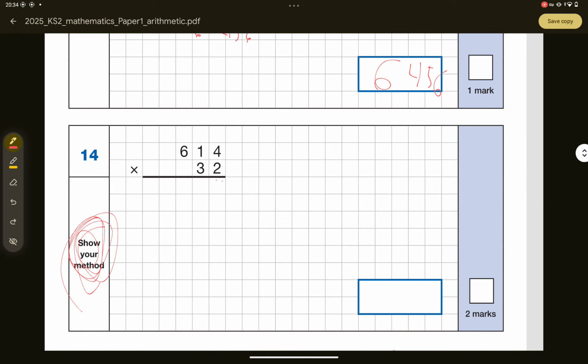4 times 2 is 8. 2 times 1 is 2. 2 times 6 is 12. And then, because this is 30, not 3, we do 0, 0, and then 12, 3. 3 times 1 is 3, plus the 1 we exchange from the 12 equals 4, and then 6 times 3 equals 18.